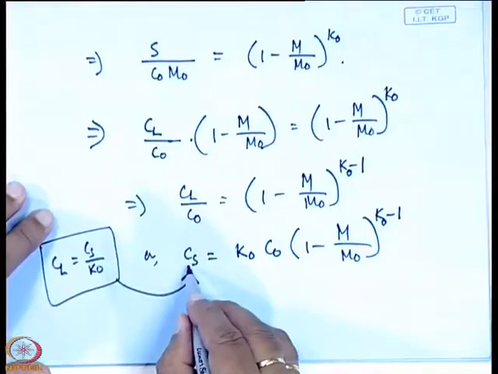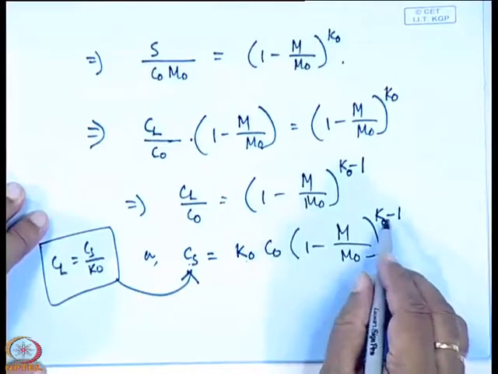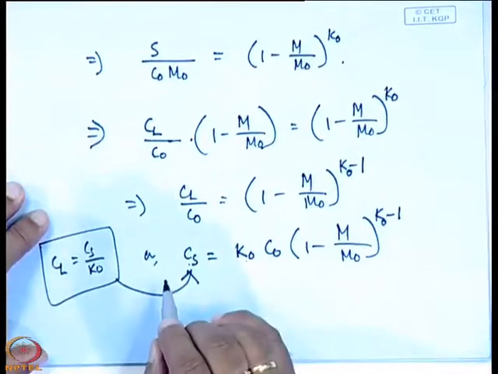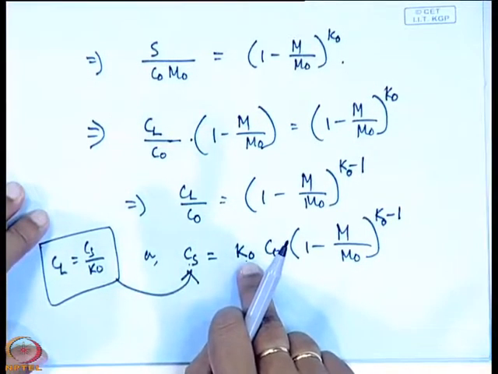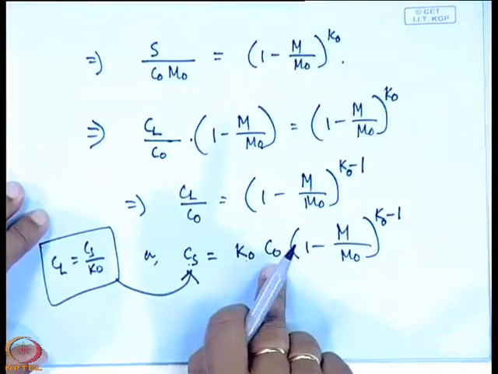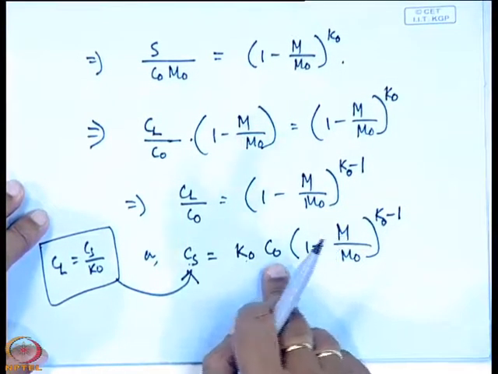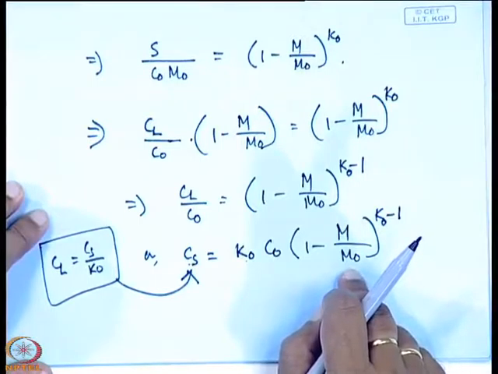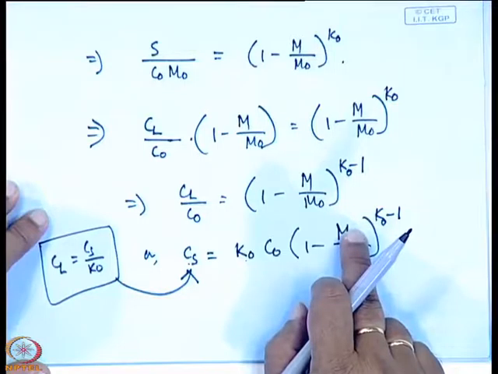That means, Cs equals K0 C0 (1 minus m by m0) to the power K0 minus 1, where Cs is the dopant concentration in the solid, K0 is the segregation or distribution coefficient, C0 is the initial doping concentration, m0 is the initial weight of the crystal, and m is the weight of the crystal after time t.